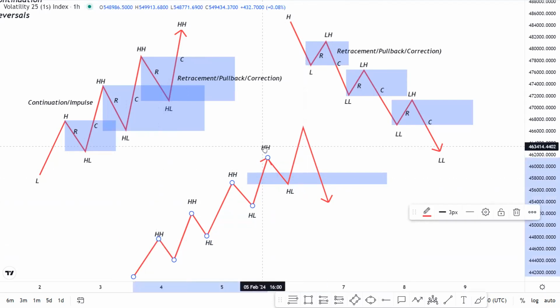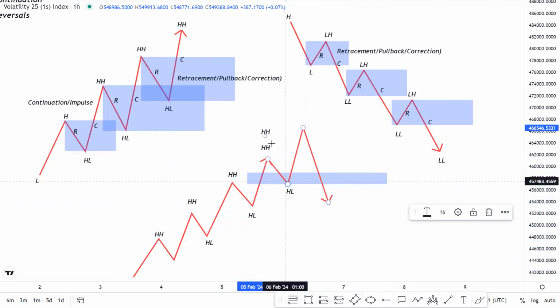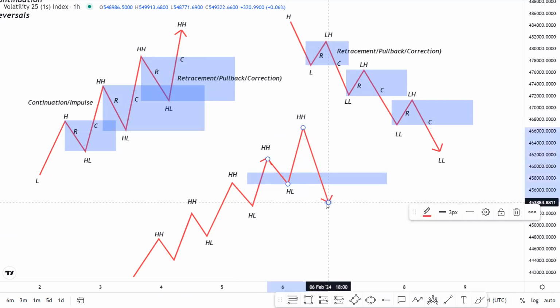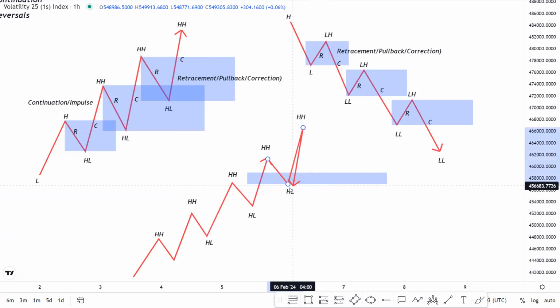But then what happens is, when price comes to a certain level and trades to the downside, breaking and closing below the most recent higher low right here, this is the most recent higher low that led to this higher high right about here.